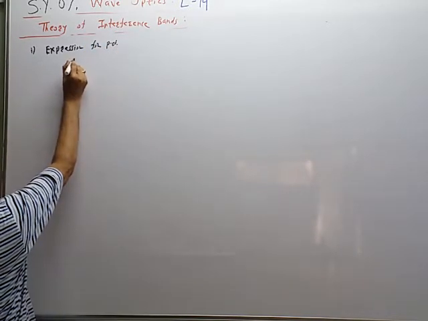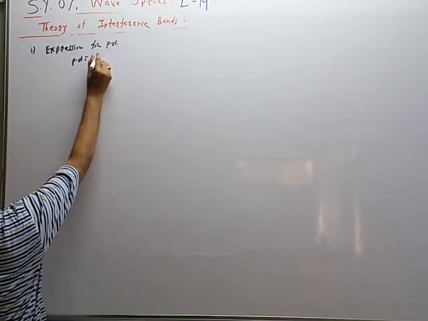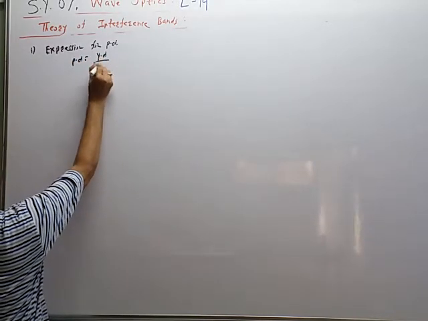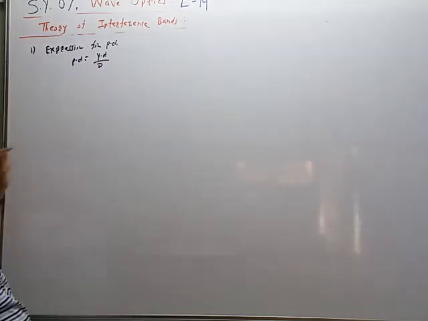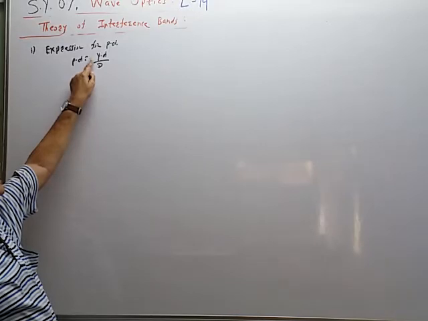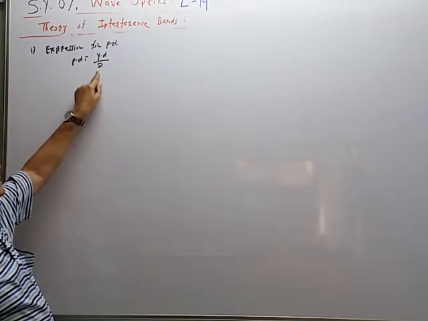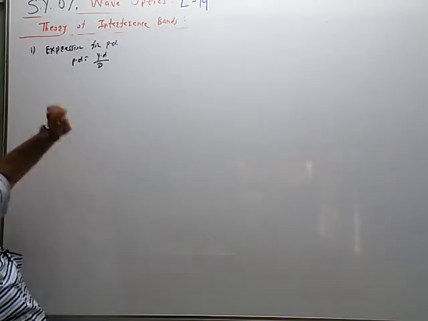So path difference is given by y into d upon D. Y is the distance of the point of observation on the screen from its center. Small d is the distance between the two coherent sources, and capital D is the distance between the plane of the two coherent sources and the screen of observation.